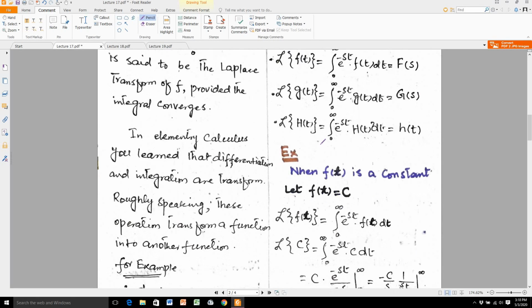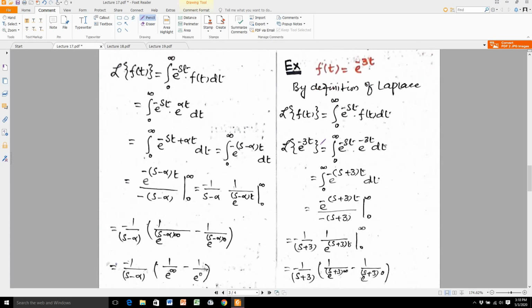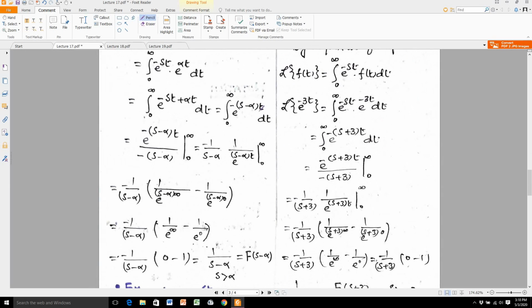Now note that here the exponential function has power e raised to the power minus (s minus alpha). At the place of s, it is s minus alpha. So you write it as F of s minus alpha.